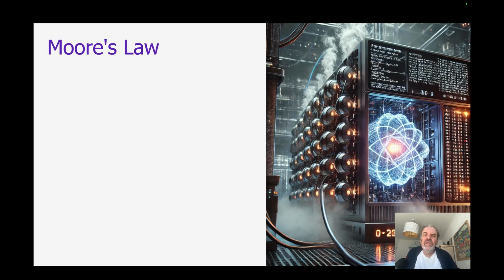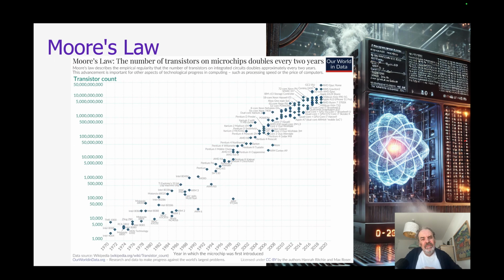So we've had Moore's law for many years, and when you think about it, the processors and transistors started to be integrated around the start of the 1970s, and then basically we followed Moore's law after this, where roughly the number of transistors on a microchip doubles every 2 years.